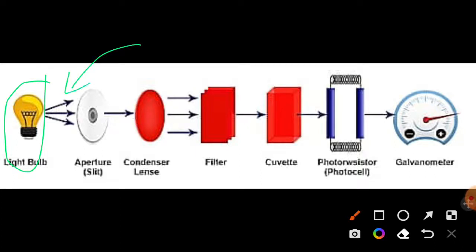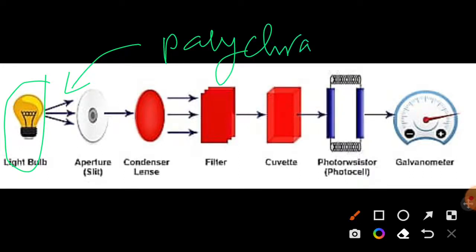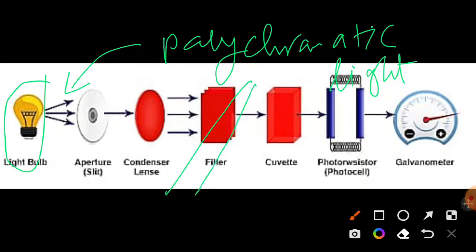Remember I discussed in my previous video that it is a polychromatic light source, right? And what is polychromatic light? Polychromatic light means light which has various wavelengths, that is, a mixture of light of various wavelengths.